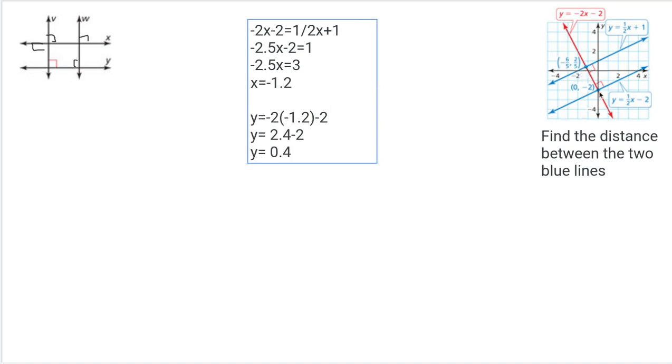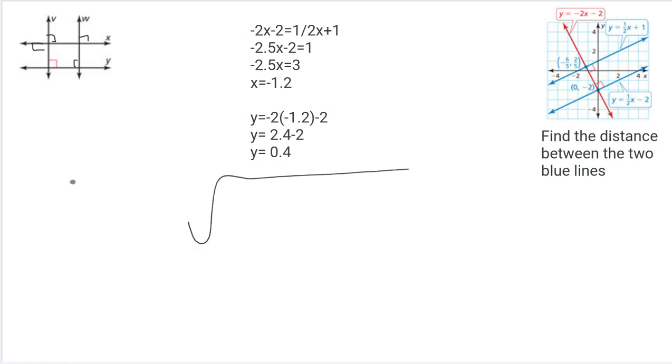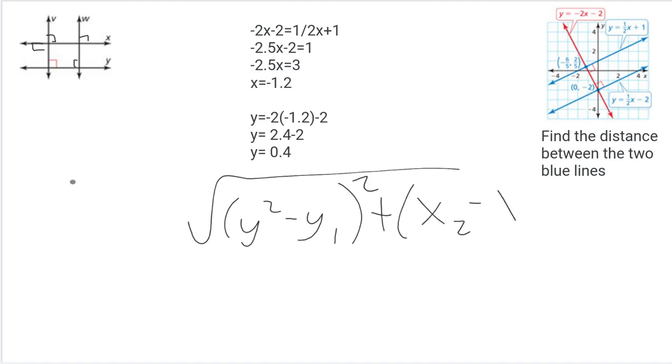They did the same thing with this point, setting this equation equal to that one. As soon as you find the 2 points, you can use the distance formula. To remind you, our distance formula is the square root of y2 minus y1 squared plus x2 minus x1 squared.